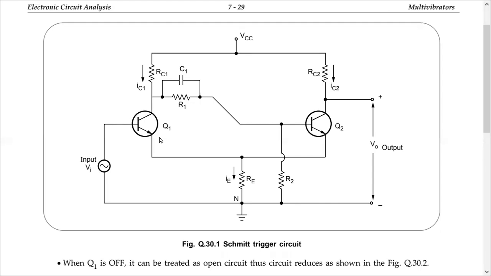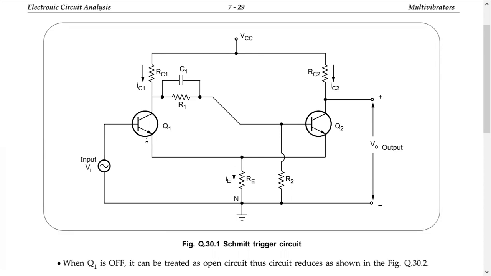So the initial state, when we do not give any input, is that Q2 will be on because a positive voltage is connected to its base, which is the P region, and Q1 will be off because a positive voltage is connected at its N region.